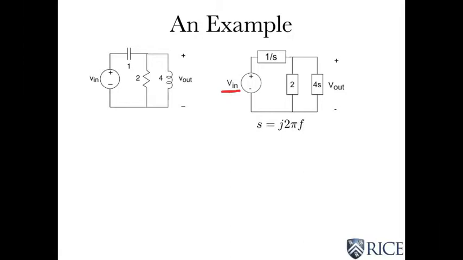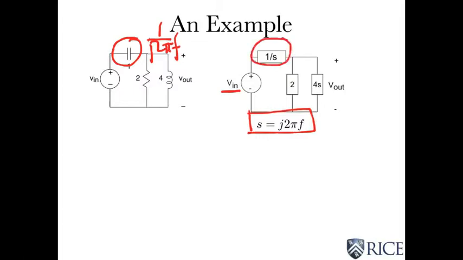The impedance of this 1 farad capacitor is 1 over j2πf. To simplify the manipulation of these formulas, as you're going to see in a second, it gets pretty complicated. I like to think of j2πf as a single variable s. And I write the impedance of the capacitor as just 1 over s.